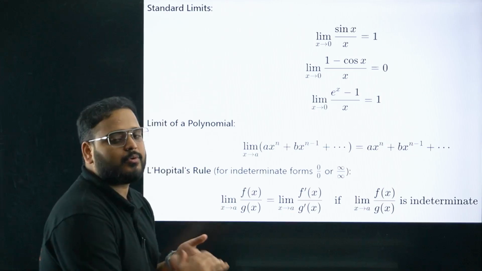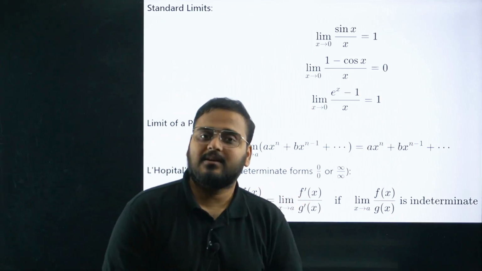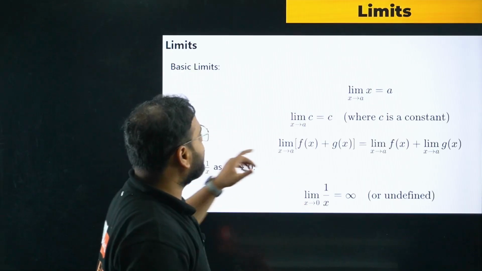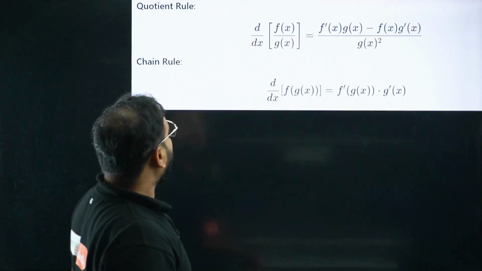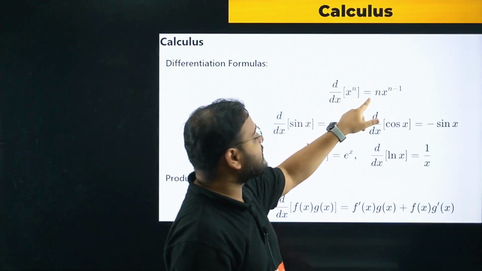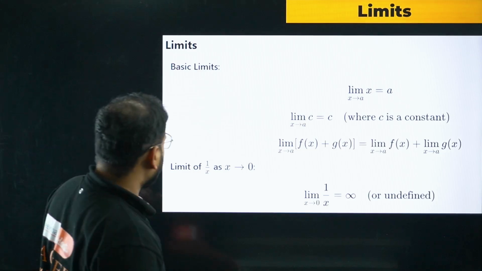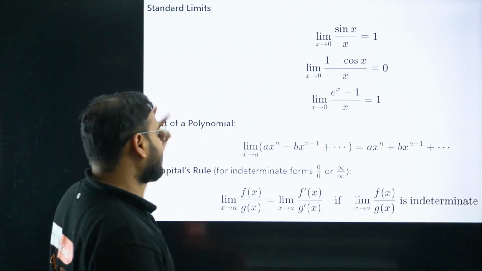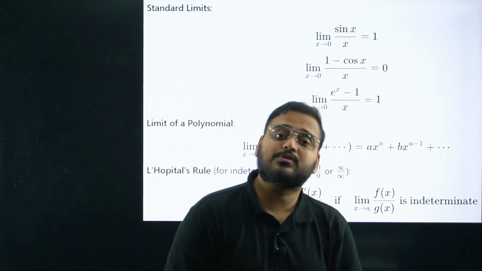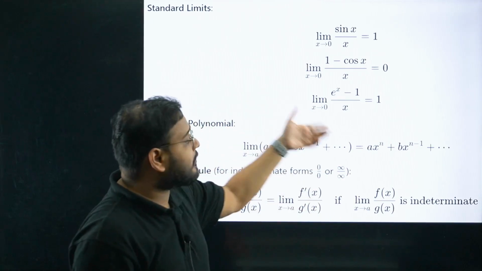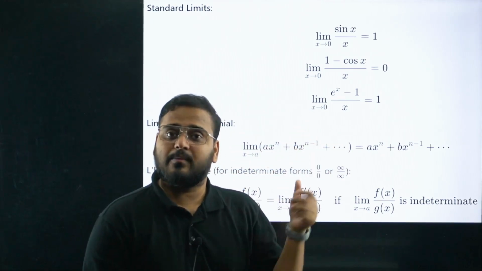To prove this property, I'll show you. To prove this, we use L'Hospital's rule. Over here you use the first derivative, but again the same formula is there in terms of polynomials in limits as well.